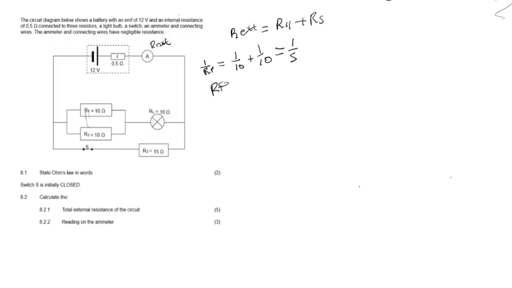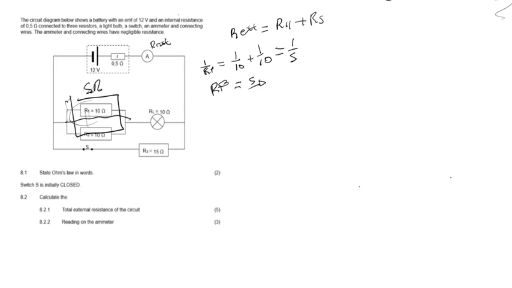Then you flip. If you flip this, it will give you R parallel equal to 5. So the answer is 5. When you combine this, it gives you 5 ohms.